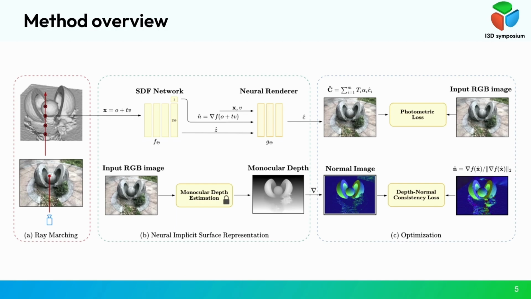We compute the normal of that pixel by finding two points such that the SDF value of the first point is greater than 0 and the SDF value of the subsequent point is less than 0, because then we know that the zero level set is between those two points. Then we use linear interpolation to find the corresponding surface point, and once we have the surface point, we take the gradient of the signed distance field at that point to get the normal. So that is the fourth column.